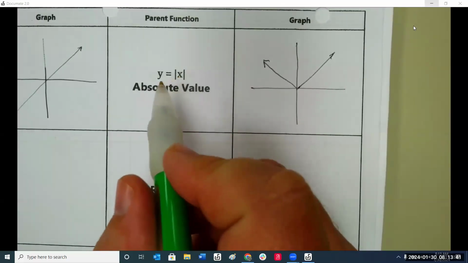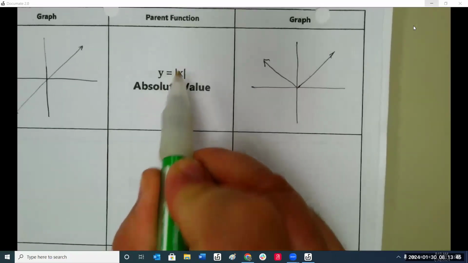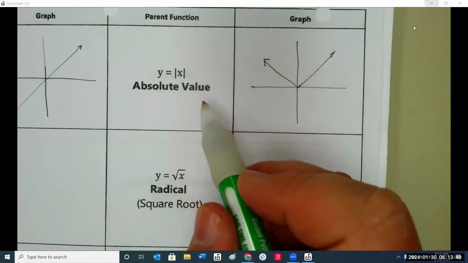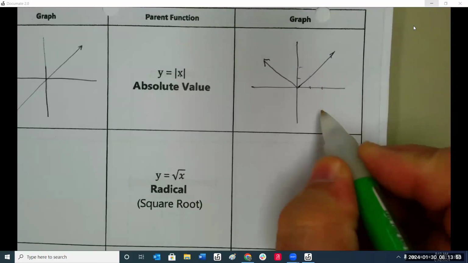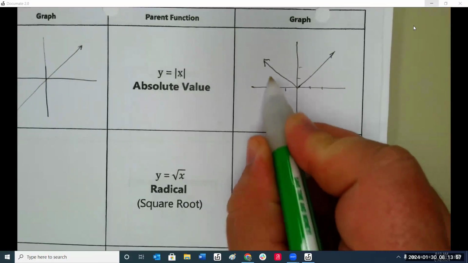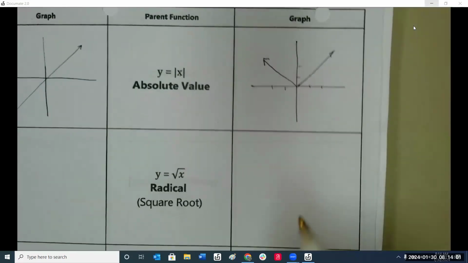There's no power, there's no division, there's no square root or anything. So no matter what you put in there, x positive or negative, it's going to come out positive. So when x is 1, y is 1. When x is 2, y is 2. Conversely, when x is negative 1, y is 1. When x is negative 2, y is 2. So what you have there are two linear equations.